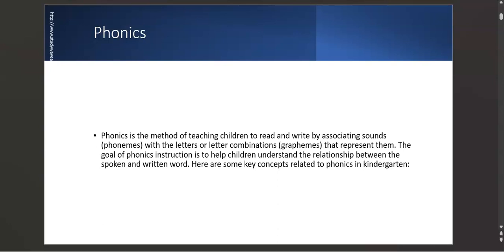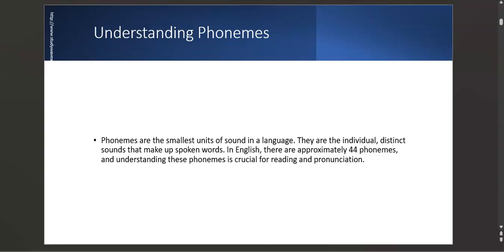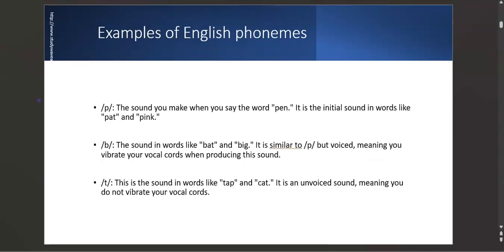So I've started with phonemes first, and this is the sound. So my first focus is phonemes. I want you to understand phonemes, and I've told you phonemes are the smallest unit of a spoken language. When you're speaking, you speak like B. I gave examples here of some phonemes, and these are just sounds that we make when we're speaking. Sounds like P, B, T. You get? So these are examples of phonemes.